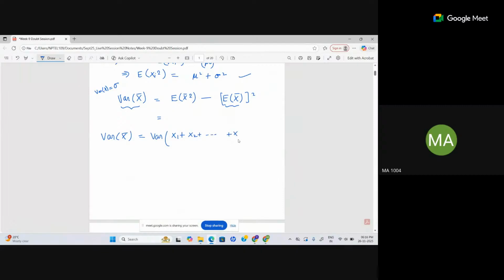So x bar is x1 plus x2 plus up to xn divided by n. Now it will be 1 upon n square, and variance of x1 plus variance of x2 plus up to variance of xn.